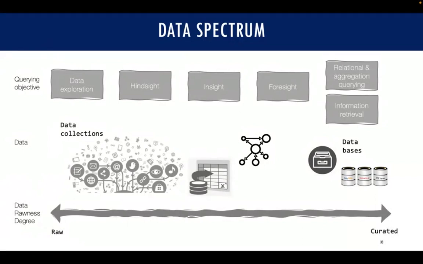We are talking about distributions of values, frequencies of values, percentage of null or absent values, and possible outliers. So all this kind of exploration can be done with highly raw data.